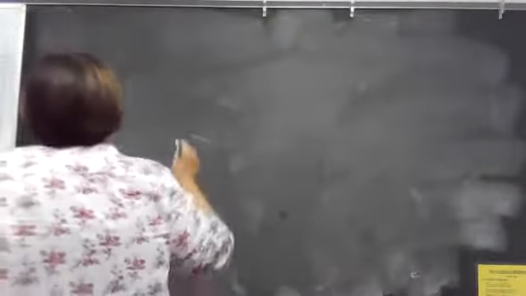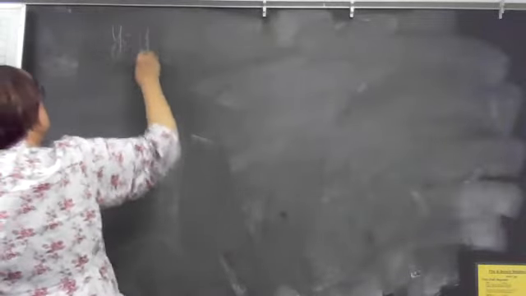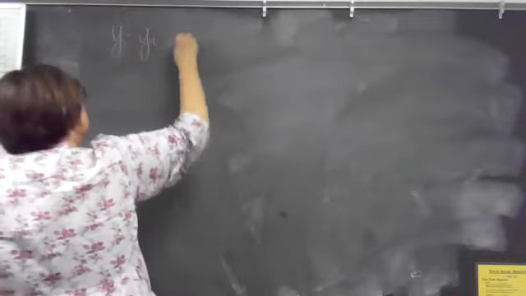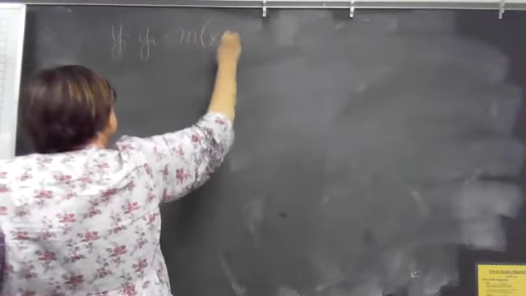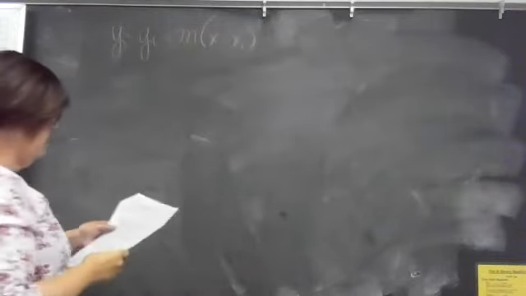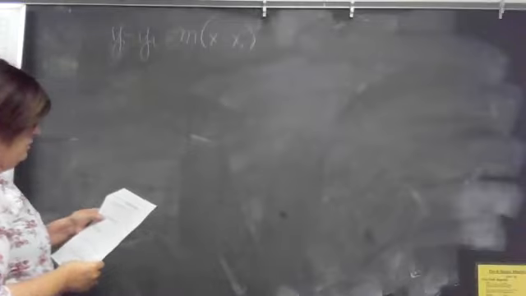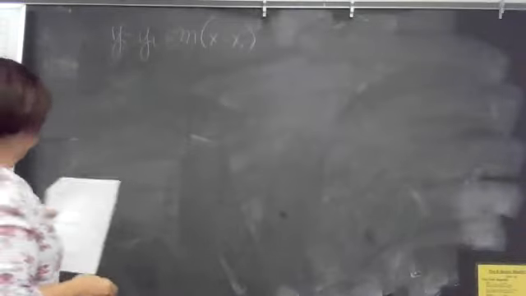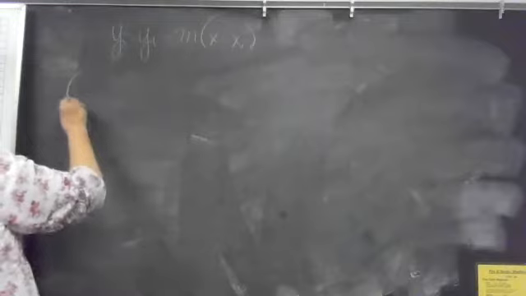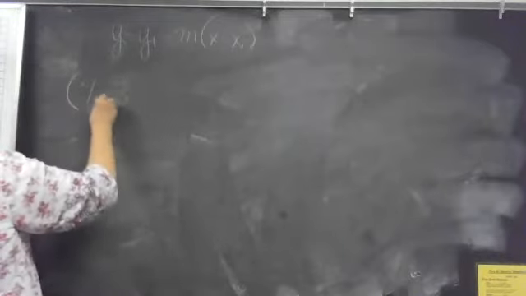Writing the equation of a line, we know that we're going to use this formula, because it says to write the equation of a line. Now let's look at all of the information that we have. They give us the point that it passes through, and we're familiar with that.